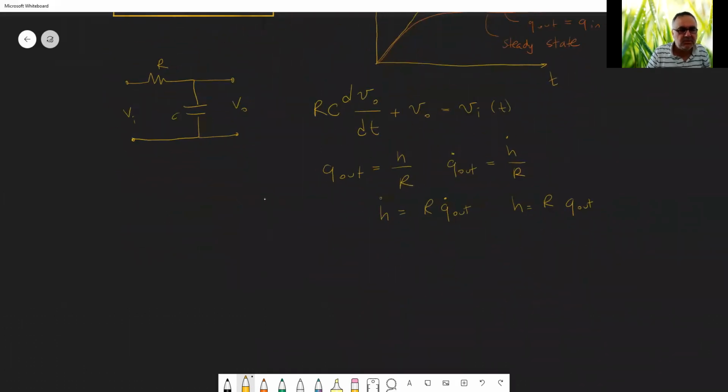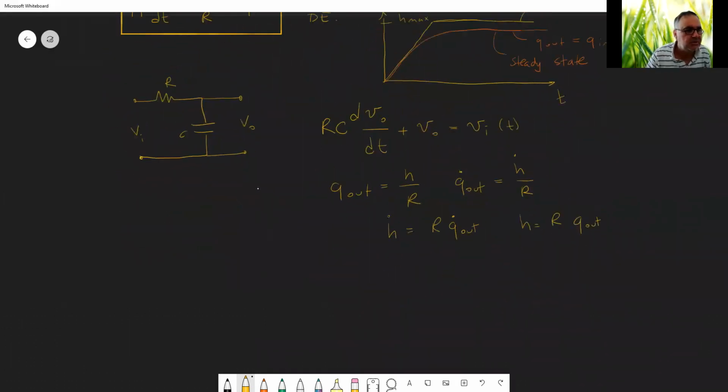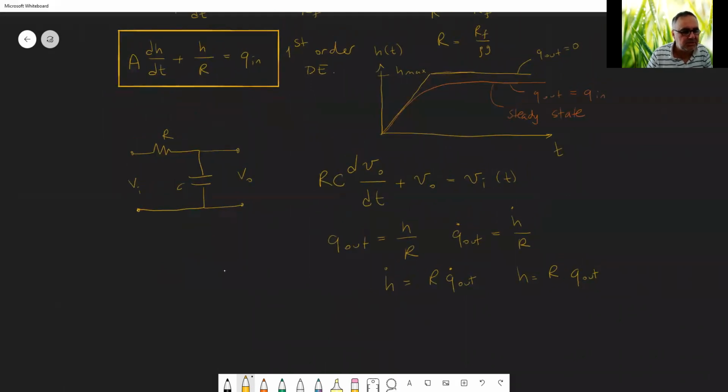So when I write out the equation in this box in terms of Q out, I will get the following equation. A times dH dt. dH dt is R Q out dot. So R dQ out dt plus H over R. H is R times Q out, divided by R is just Q out, is equal to Q in.